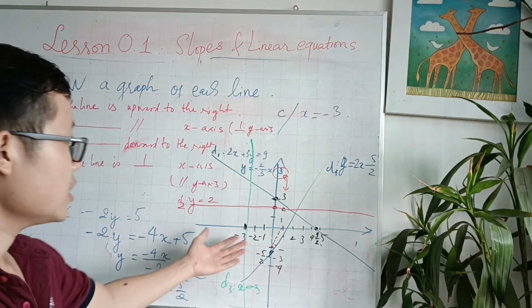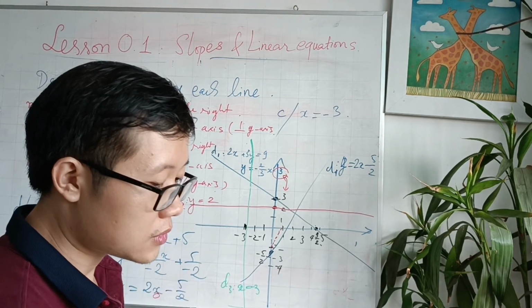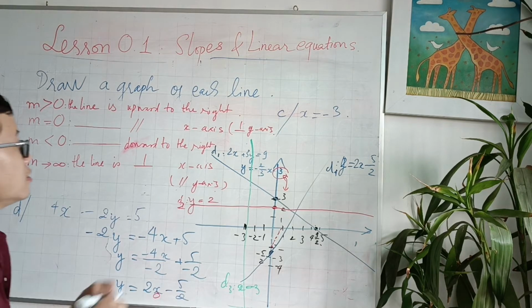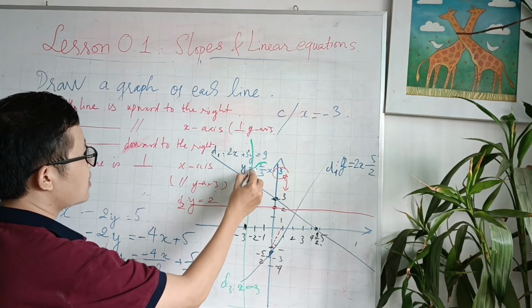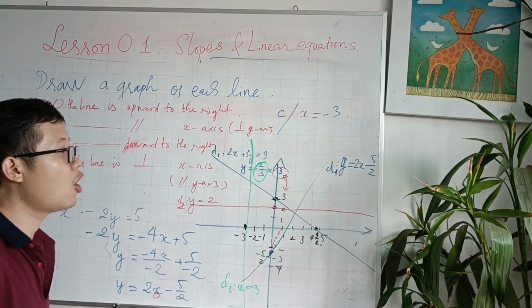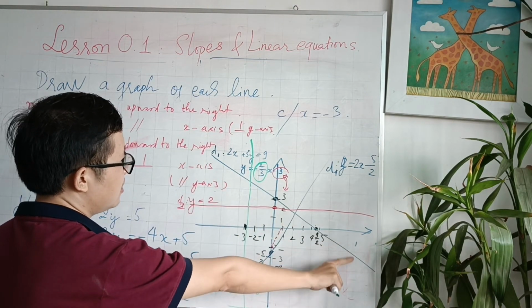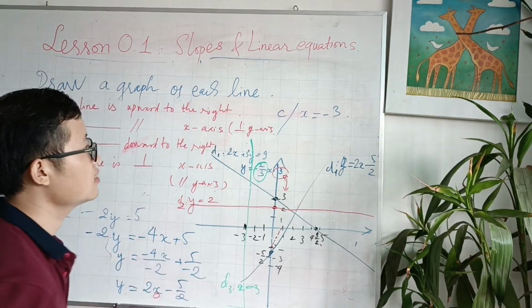And this illustrates the theorem I wrote here. The first one has a negative slope, so it moves in the direction downward to the right.